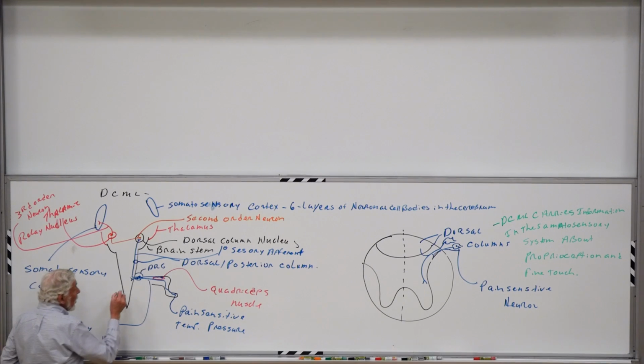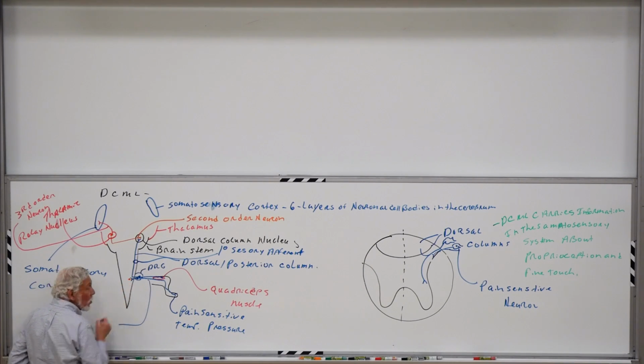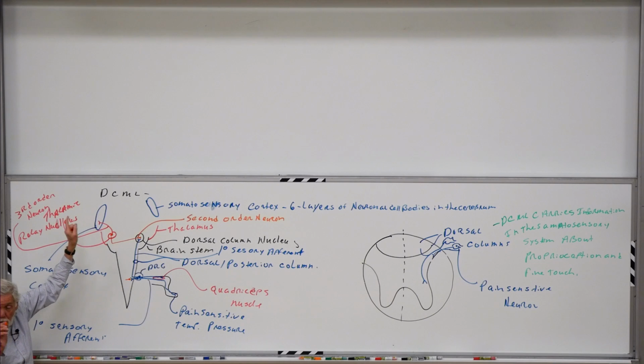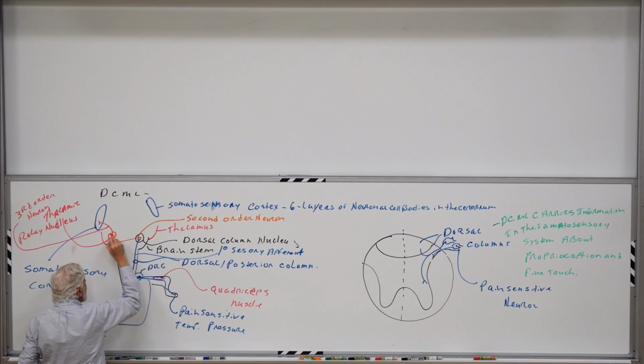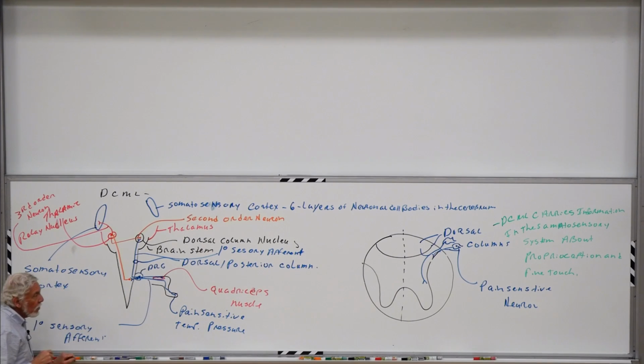So the second order neuron has its neuronal cell body here in the spinal cord. It sends a process across the midline, because remember the rule is the second order neuron always crosses the midline. It comes across the midline and ascends the cord on the opposite side and finds its way here to the thalamic relay nucleus.